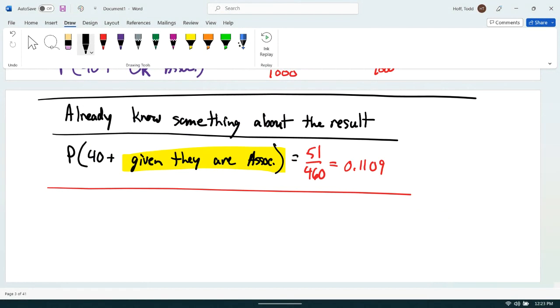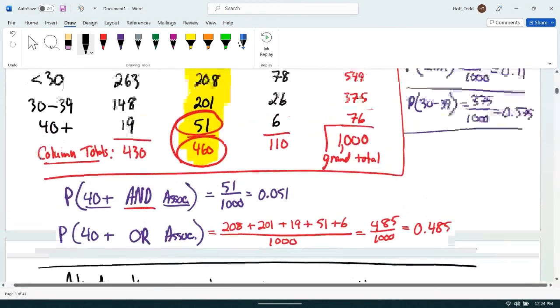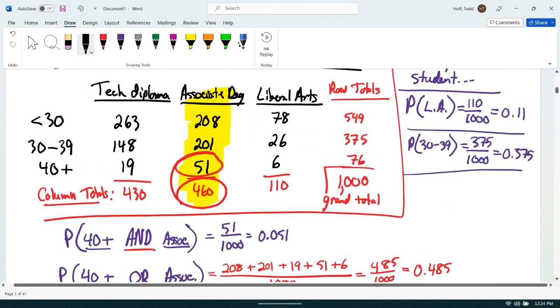Now, here's one that a lot of people would think would be the same, but it's actually very different. What's the probability that the student is associate degree given that they are 40 plus? So before, we knew that they were associate degree, so we're limiting ourselves to those that were associate degree.